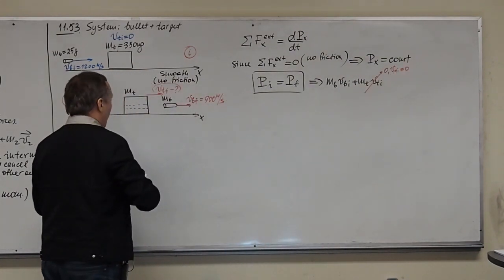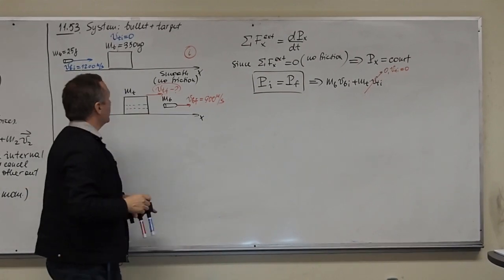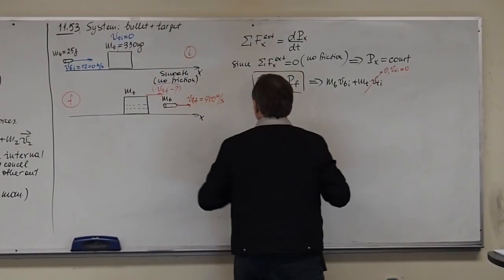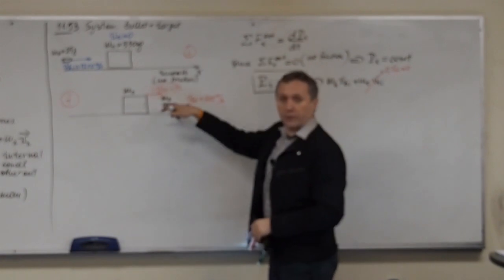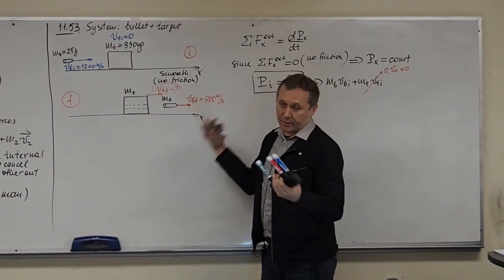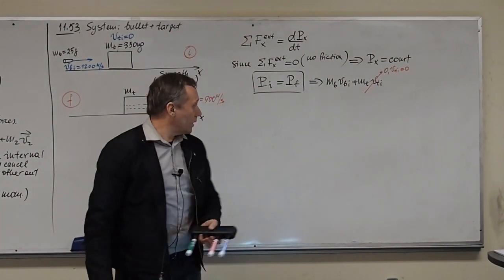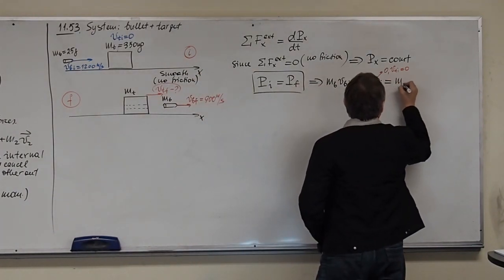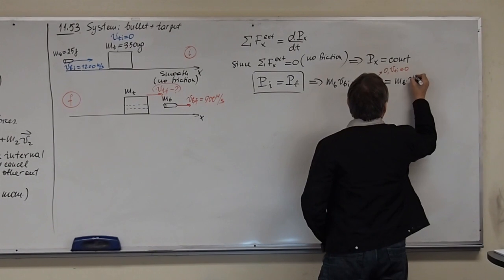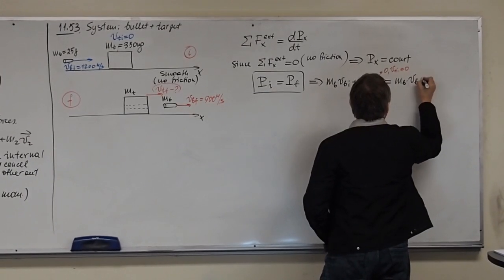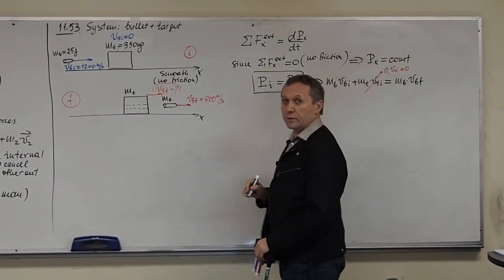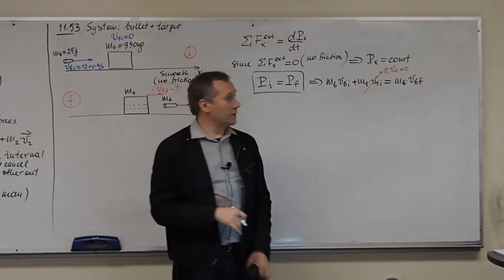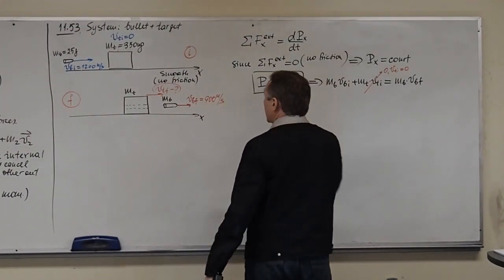Then, after the impact, after the collision, let me start with the bullet. The bullet still travels in the positive x direction. It is given in the problem, right? So it is equal to mass of the bullet times velocity of the bullet final, and of course it goes with plus into the equation because it travels in the positive x direction.